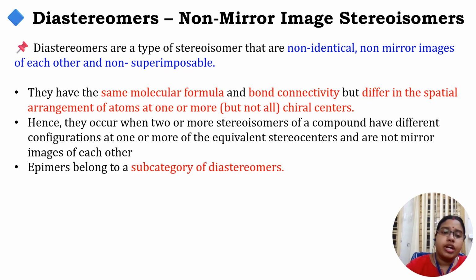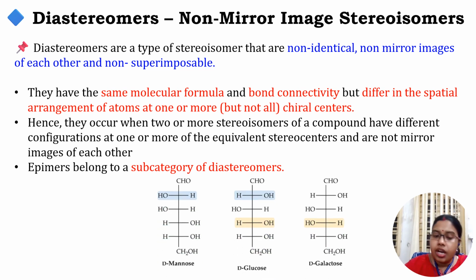They have the same molecular formula and bond connectivity but differ in the spatial arrangement of atoms at one or more chiral centers. They occur when two or more stereoisomers of a compound have different configurations at one or more of the equivalent stereocenters and are not mirror images of each other. We can say epimers are a subcategory of the diastereomers.